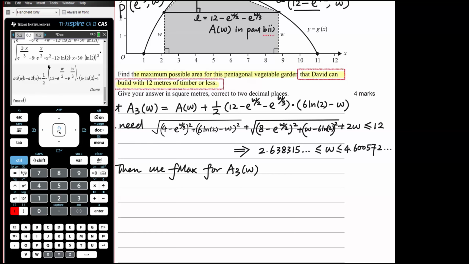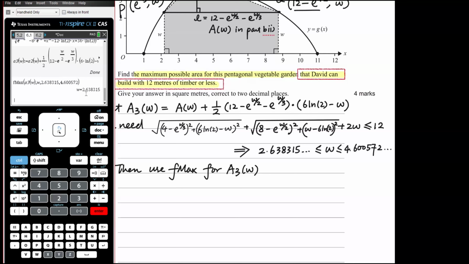And F max, A3W, W, 2.638315, 4.600572. Control Enter. And you will see it occurs at the left endpoint, which suggests this graph should be, let's say, strictly decreasing.